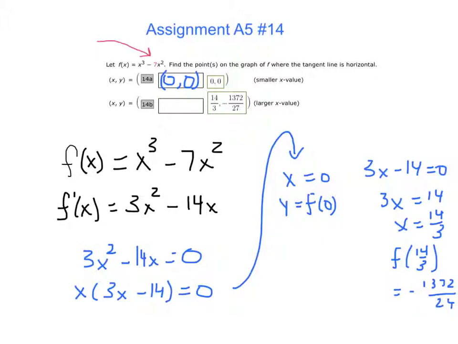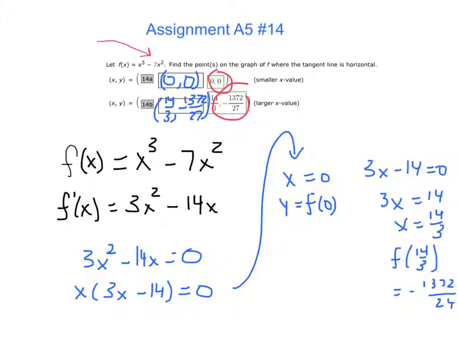So I go up here in the box and I put 14 thirds for the x coordinate and negative 1372 over 27, which is also the value indicated here in the answers. So be careful when you're typing these in.